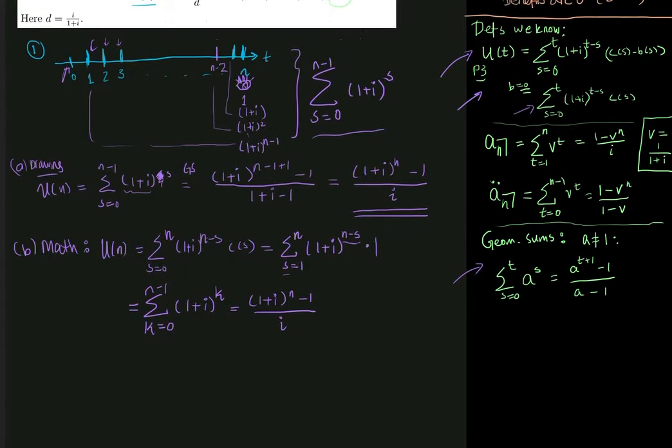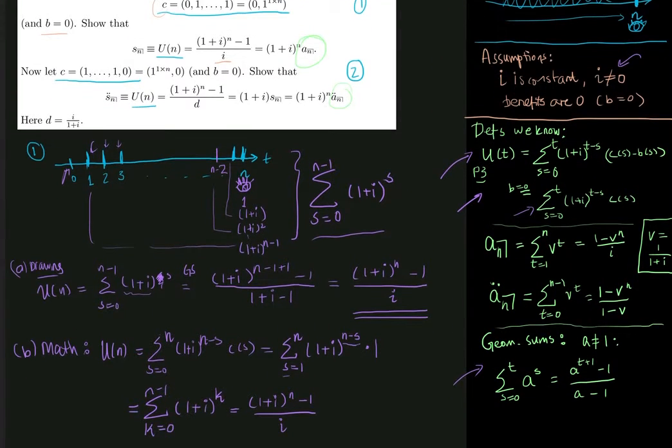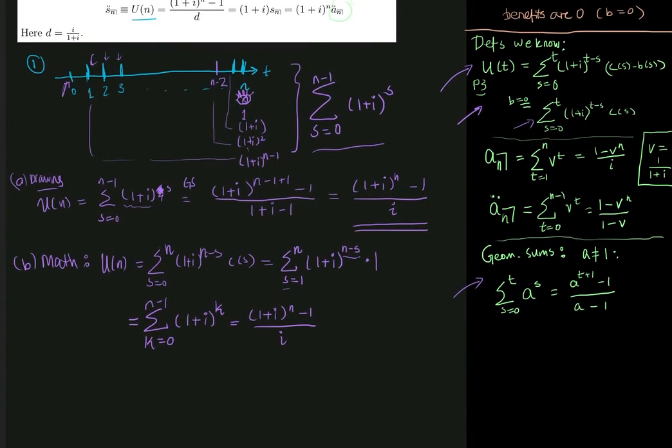I have shown the first part of the equality. I want to show the second part, namely that the terminal present value in the case where I have an annuity in arrear is just equal to the initial present value accumulated n periods. Now, what's the intuition behind this? The intuition behind this is also quite simple.